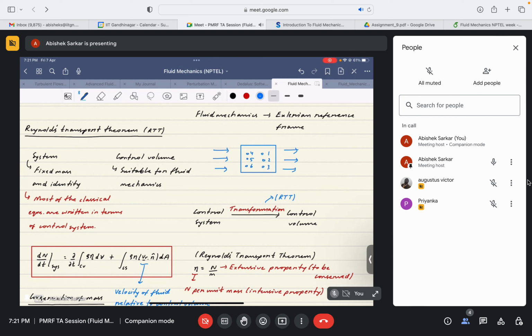Do you get it? Even if the mass of the system remains the same, there are initially 3 particles and after some time there are also 3 particles, but even if the mass is conserved, the identity of the system has changed. Is this concept clear? The change in identity, how it occurs in a control volume approach?